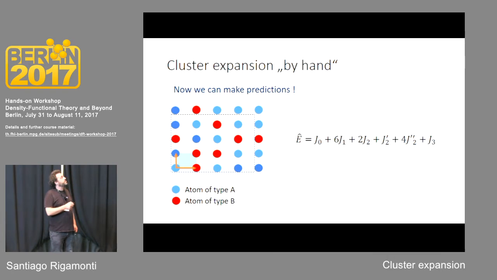So it doesn't matter which configuration you put, whenever you count precisely how many of those interactions you have in your system, then you are done. For instance, for J2 prime, we have 4. This is 1, 2, 3, and 4 of them.